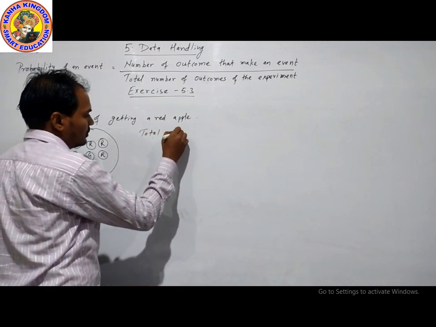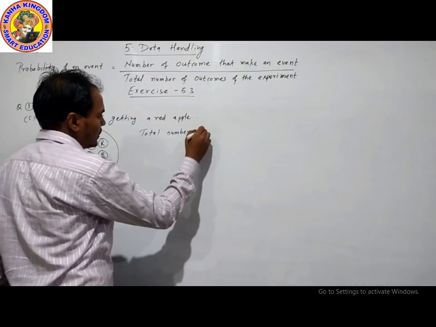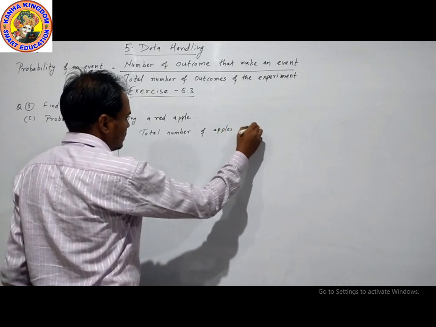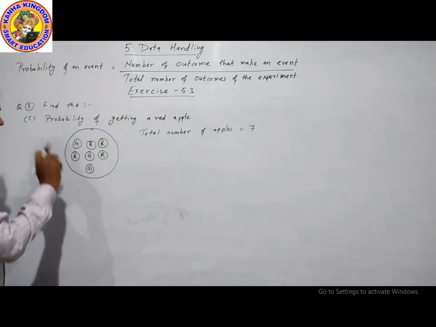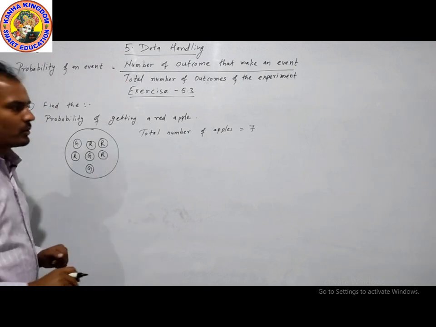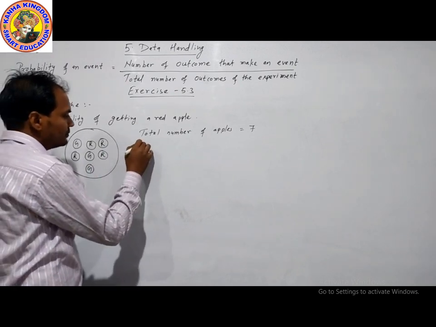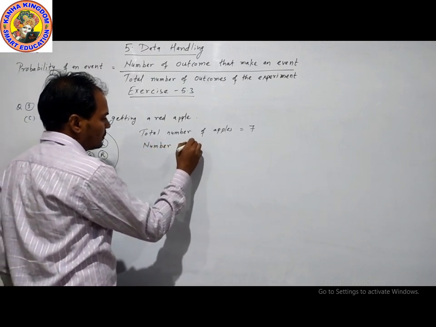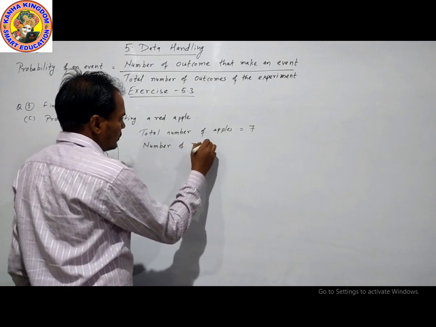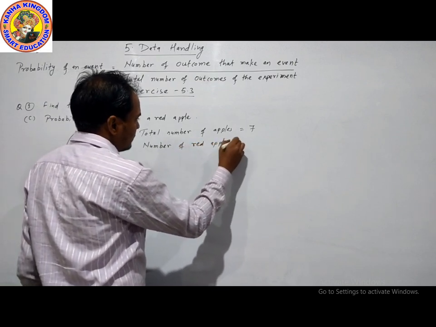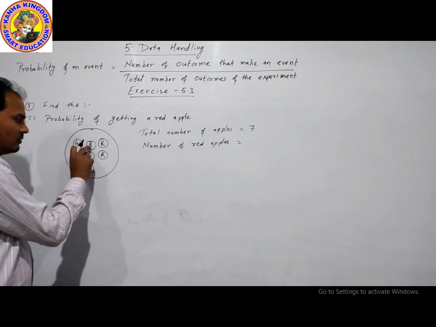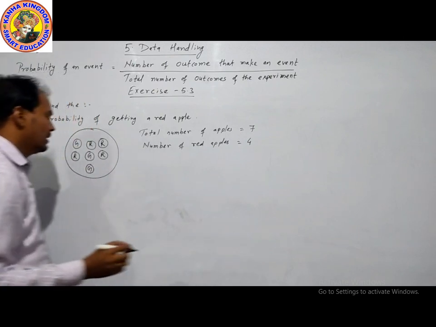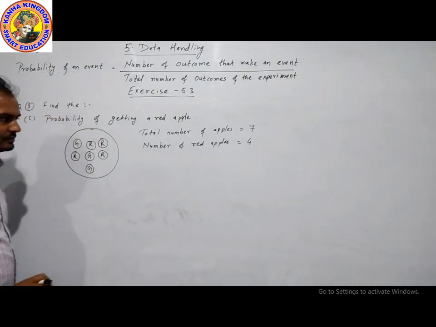There are 7 apples. Now the question is about red apples. The number of red apples is equal to 1, 2, 3, 4. There are 4 red apples and 3 green apples.